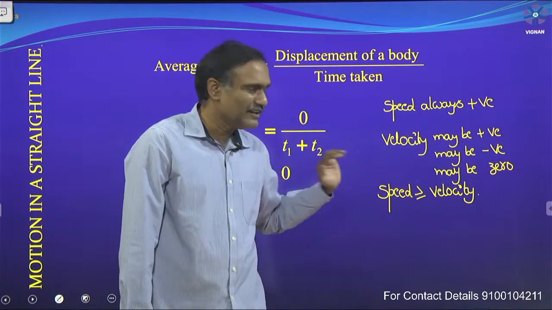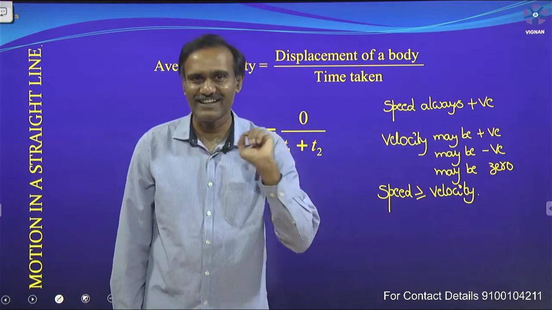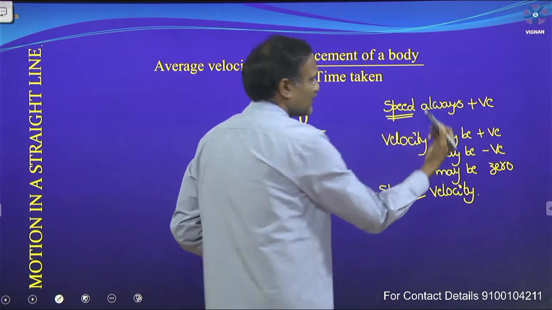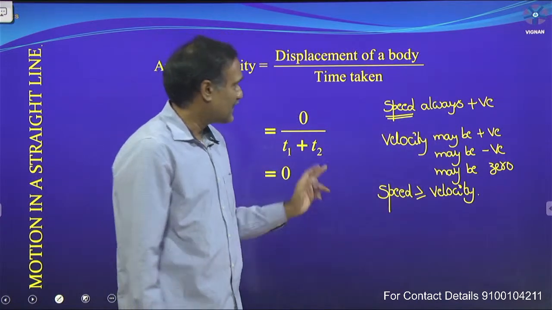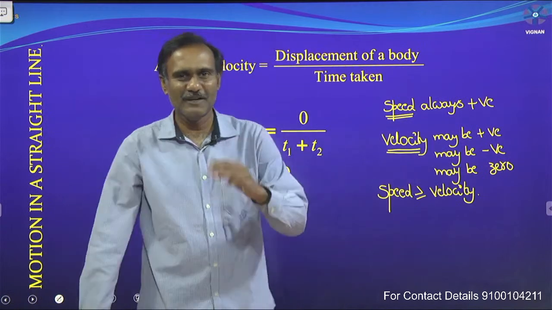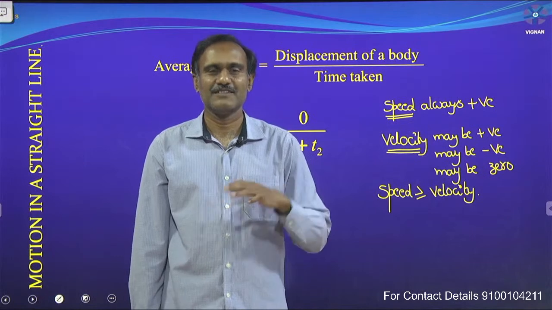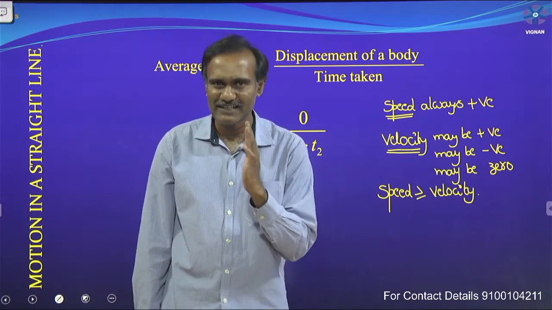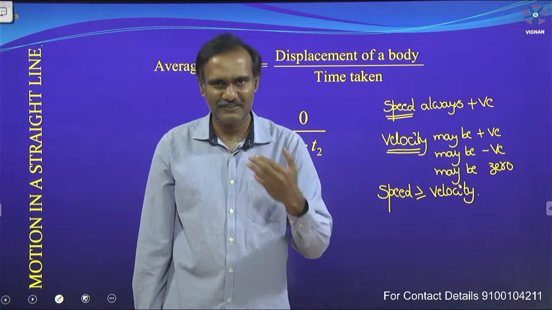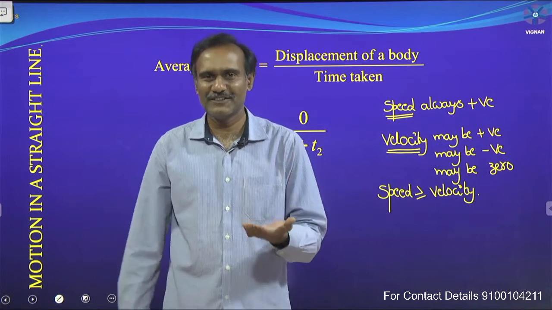Here speed, what type of physical quantity? Is it a vector or a scalar? Yes, speed is a scalar. Velocity is a vector. What is meant by a vector? It is a physical quantity having both magnitude and direction. What is the definition for the vector?